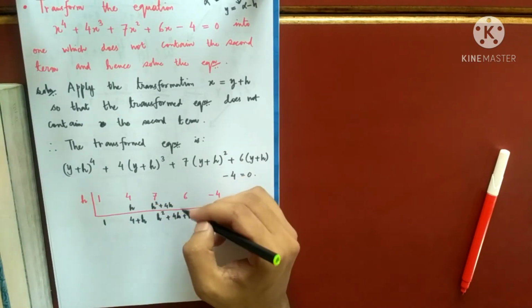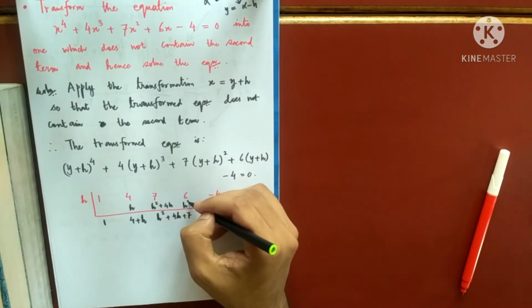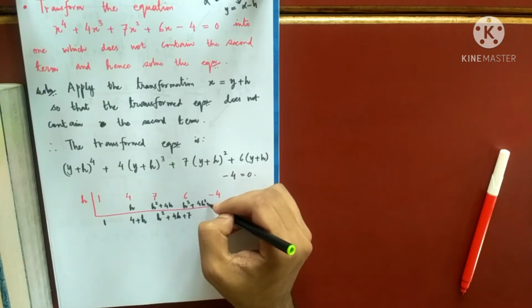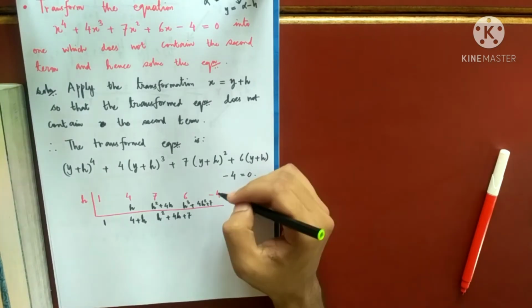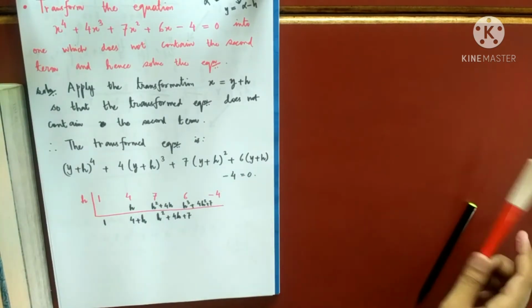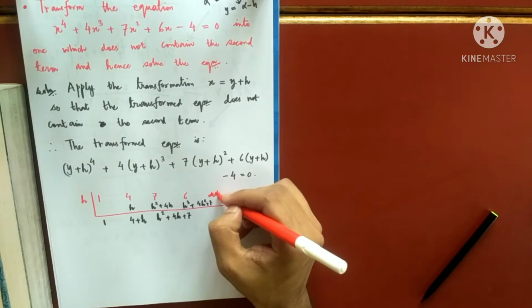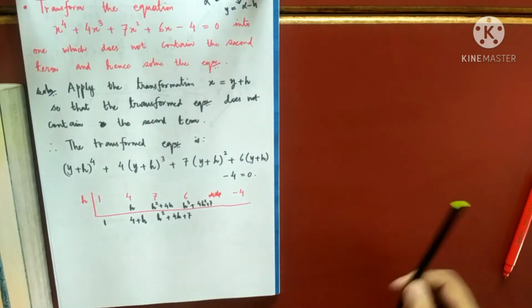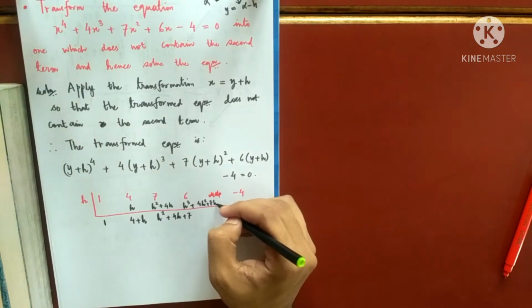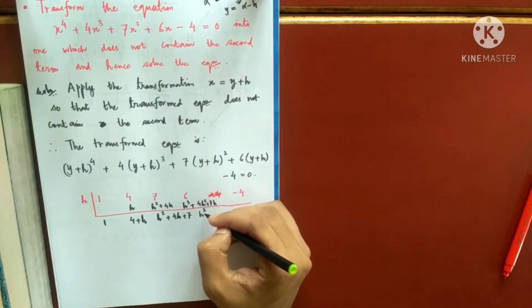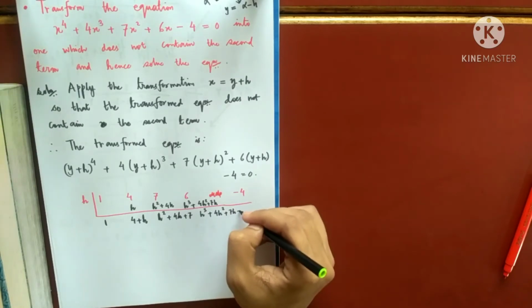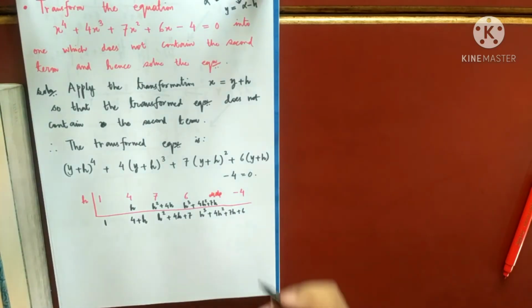H with this will become h cube plus 4h square plus 7h. I should have given more space. Hold on. I'll write minus 4 a bit here. So this will become h cube plus 4h square plus 7h plus 6.